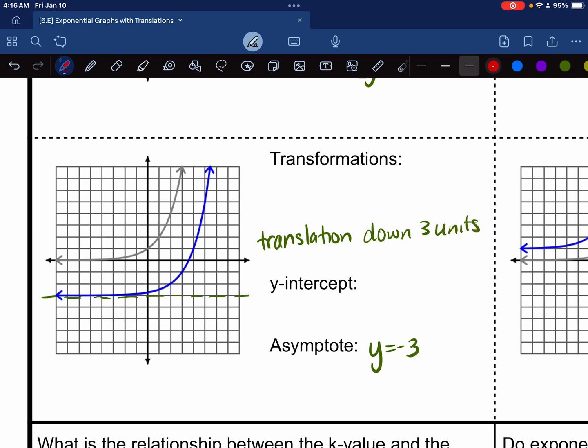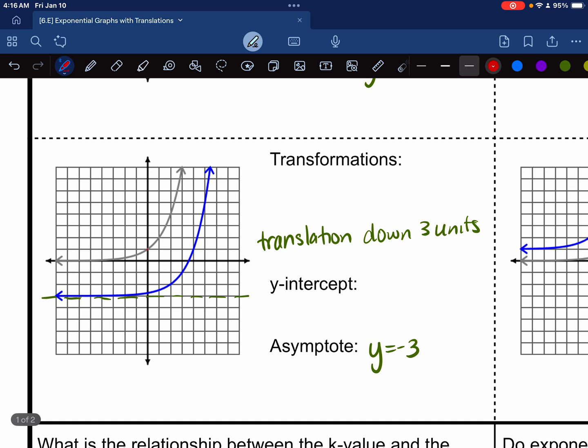All right, so I'm using that fact to help me with the anchor points, okay? So from here, I knew it went down 3 units, so I'm going until I hit that middle point there. And it looks like from red dot to red dot, it translated to the right by 2 units.